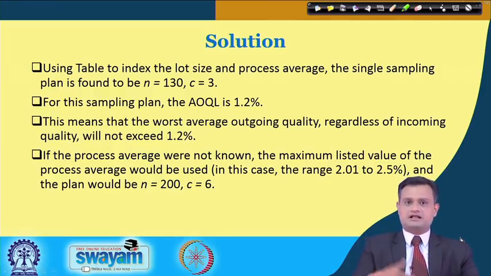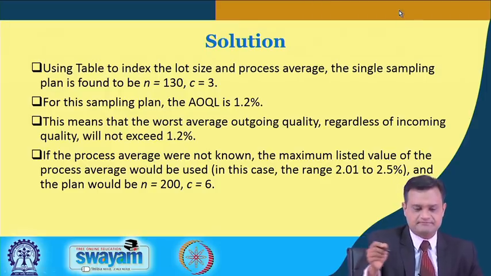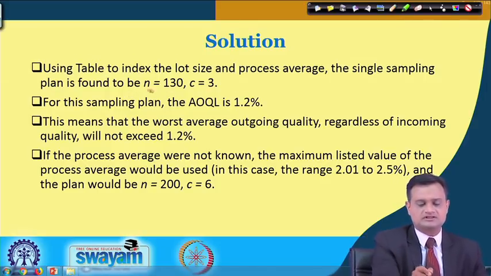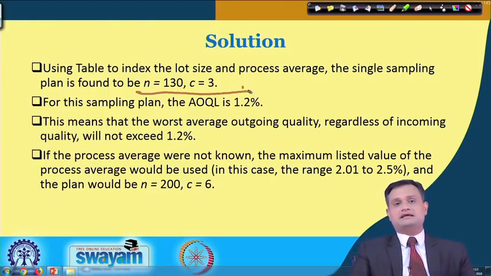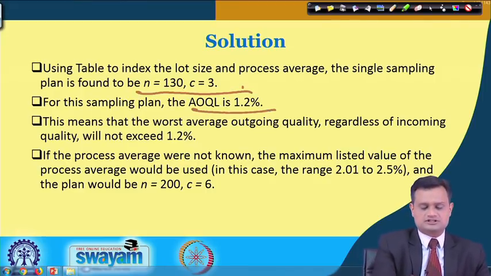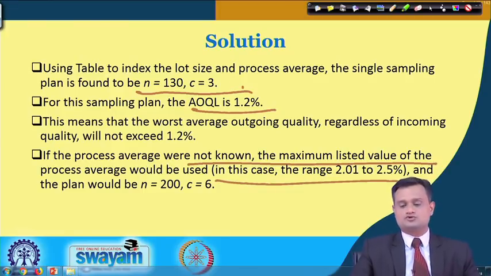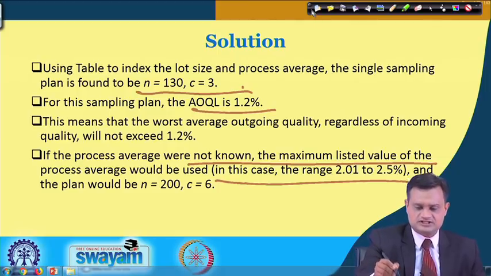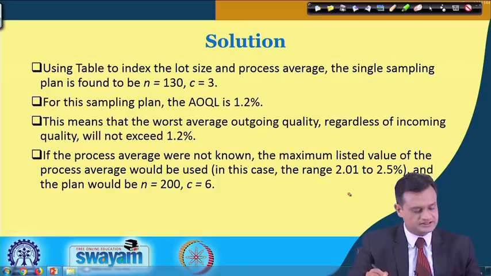I will use the table I have just shown, and I can find a single sampling plan. n is equal to 130, c is equal to 3, because I have been given the capital N, that is the lot size, and AOQL is 1.2%. If the process average were not known, the maximum listed value of the process average can be used, that is 2.01 to 2.5%. So, just see how this is determined.